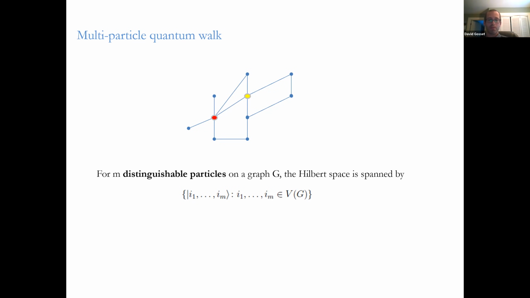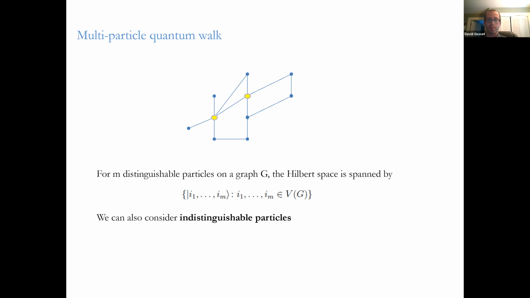It's going to be important for us to also consider indistinguishable particles. In that case, you can't say particle 1 is here and particle 2 is there, because the particles are themselves indistinguishable. But you can still describe the states of such particles in this Hilbert space I just wrote down.